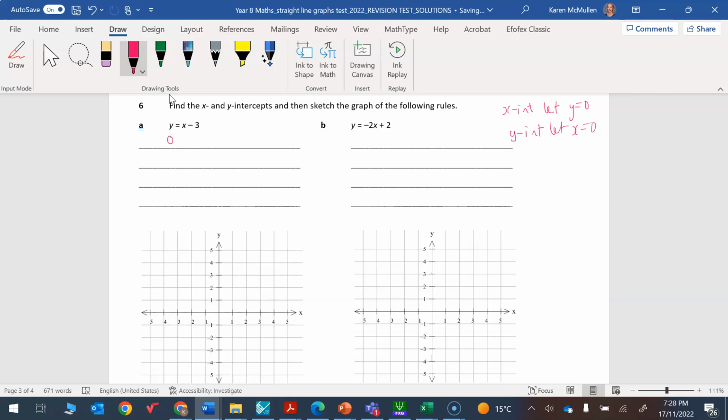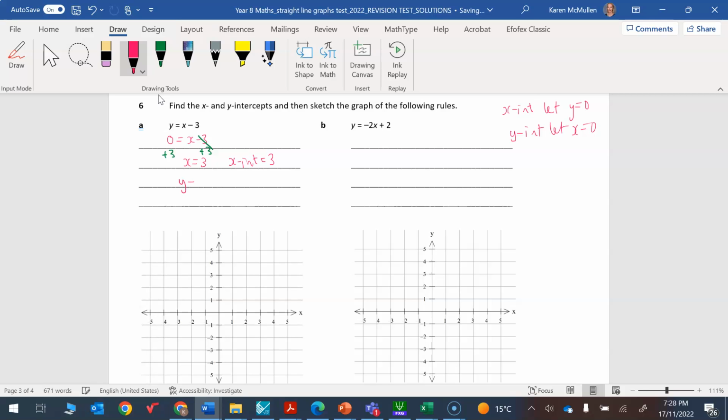All right, so let's let y equal 0. So instead of having y, I'm going to write 0 = x - 3. And then we just solve for x. So I'm going to add 3 to both sides. So it's just a bit of an equation that we need to solve. So we're going to have x is equal to 3. So that's your x-intercept. I might just write that here.